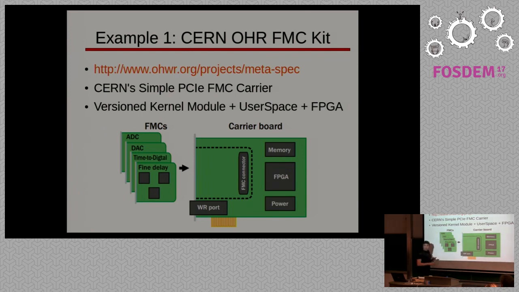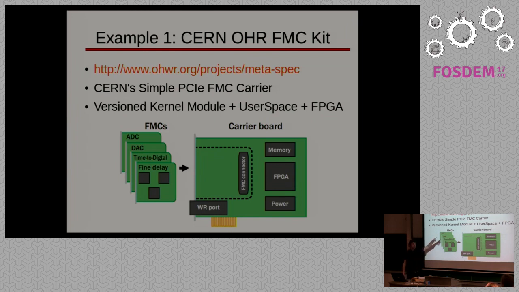So by using HDL-make, we have generated different Linux packages for each of these modules, that not only include the kernel module, but we also have a package for the user-space program and also for the FPGA.